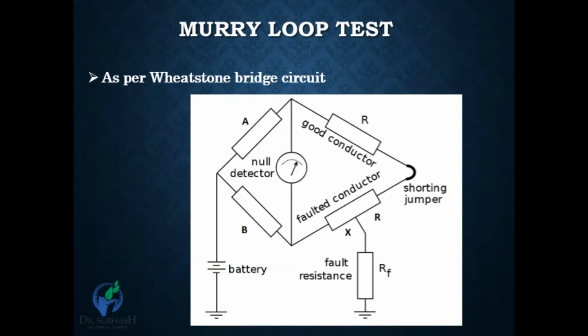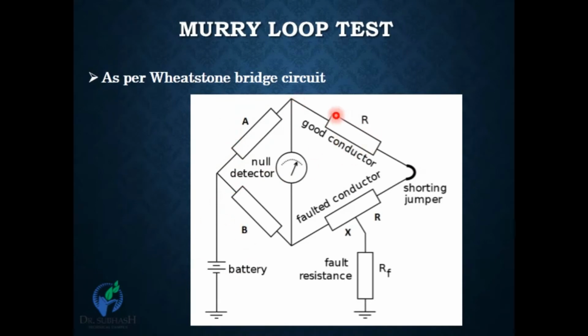When our circuit is balanced, it works as a Wheatstone bridge circuit. So we show our circuit as a Wheatstone bridge in which the two resistors A and B are in the first and second arms.